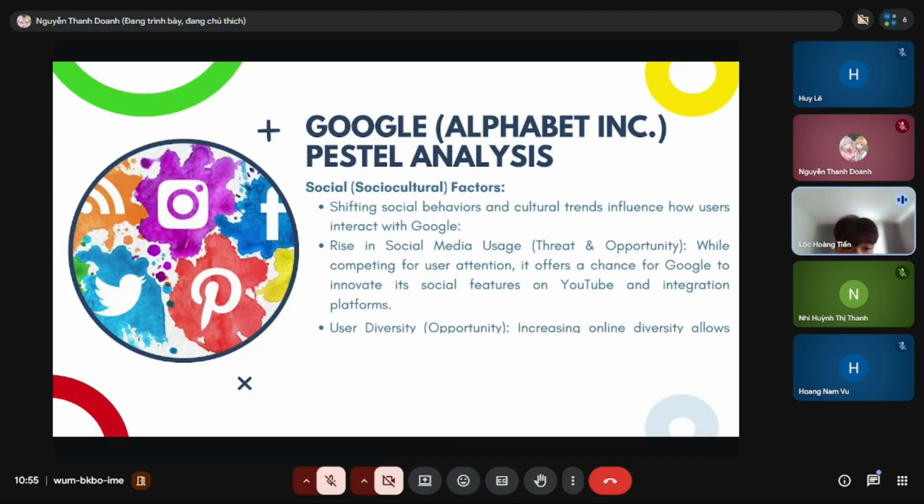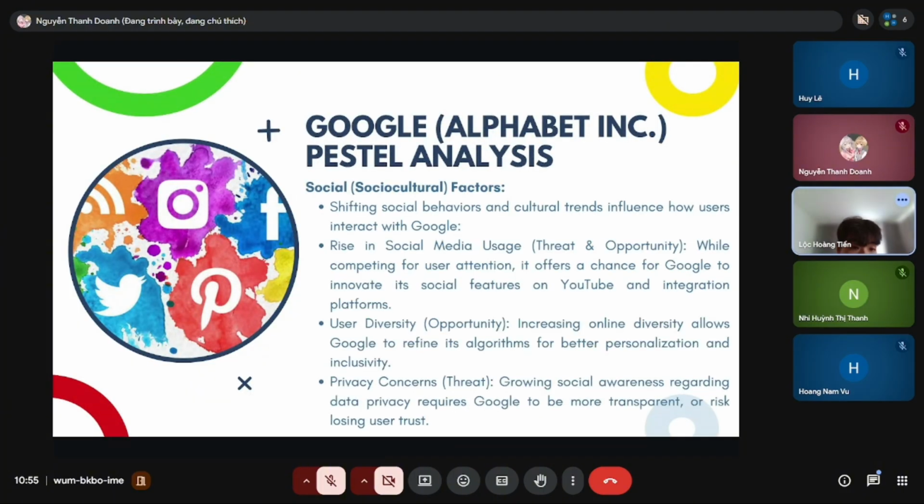The next factor is the social factors. Shifting social behavior and cultural trends influence how users interact with Google. This brings a rise in social media use. While competing for user attention, it offers a chance for Google to innovate its social features on YouTube and other platforms.